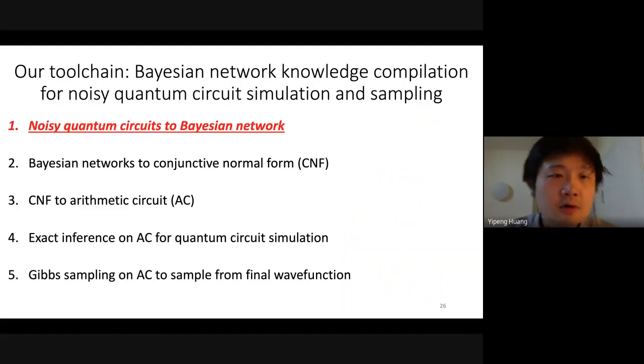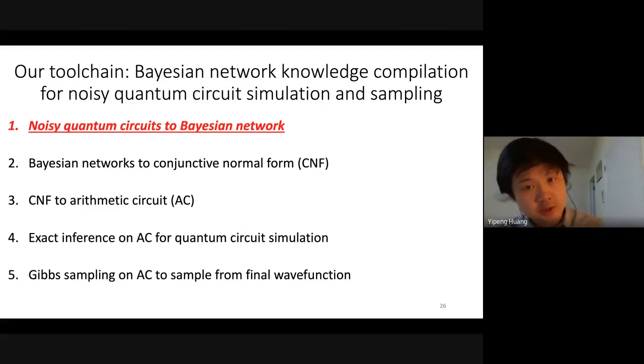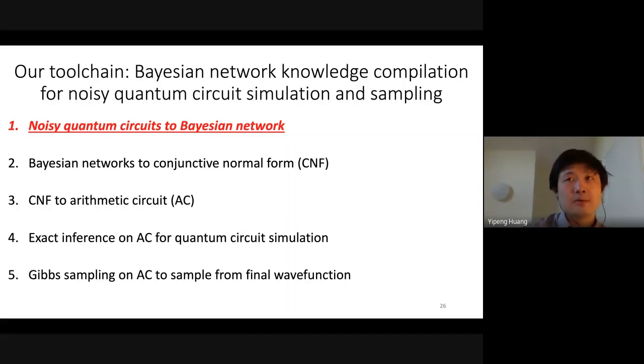So first I'm going to convert quantum circuits, noisy quantum circuits, into Bayesian networks. And so first it's useful maybe to talk about what is a Bayesian network. Bayesian networks are a type of graphical model that AI researchers have studied for decades, so probably at least 40 years of research going into them. And they're basically useful for representing cause and effect relationships.